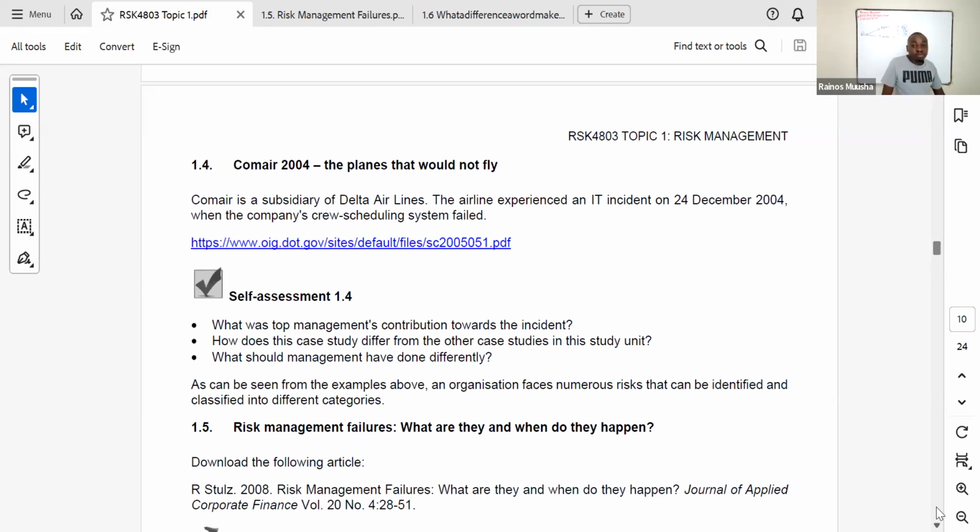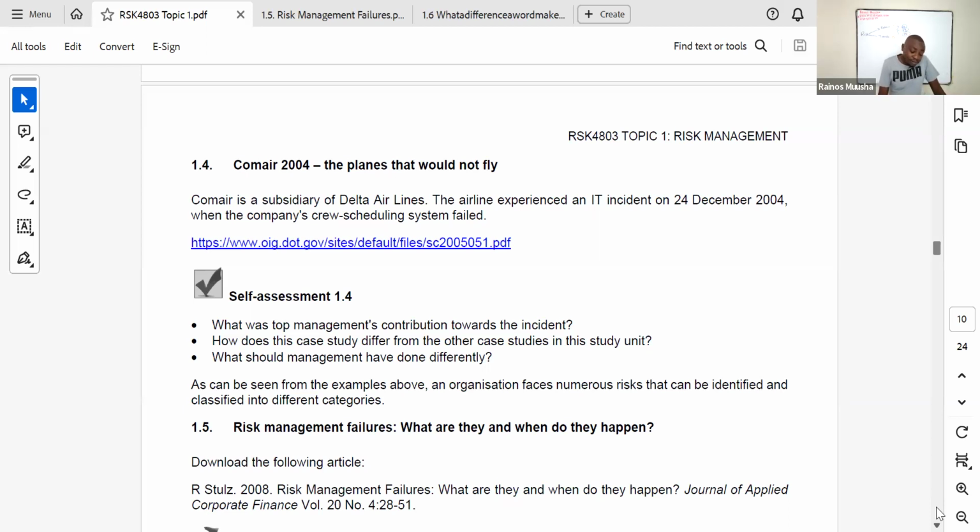And now because of bad weather, they couldn't even coordinate their own pilots and the air hostesses to make sure that planes are able to take off on time as well because of the issue of what? Bad weather. And this is another case study of what? Risk management failure as well. So you can see that it is a risk management failure in the sense that they were not prepared for these eventualities as well. And that's another case study that is also of interest when it comes to the case study of ComAir.